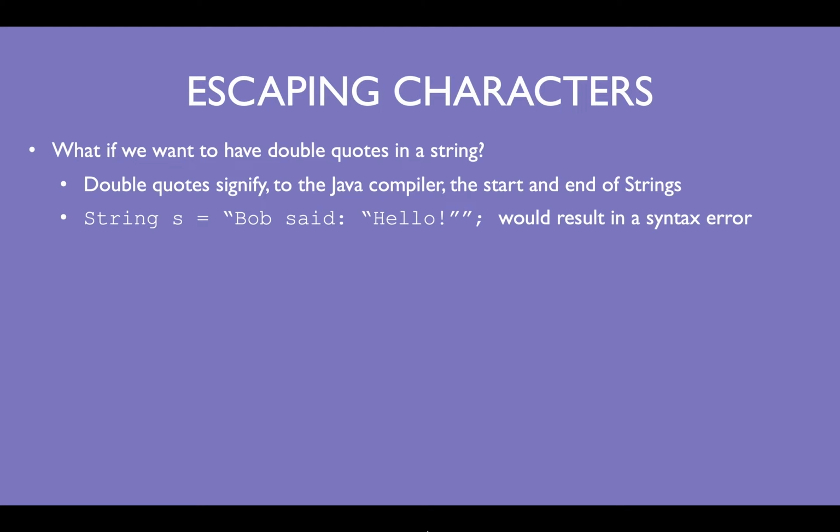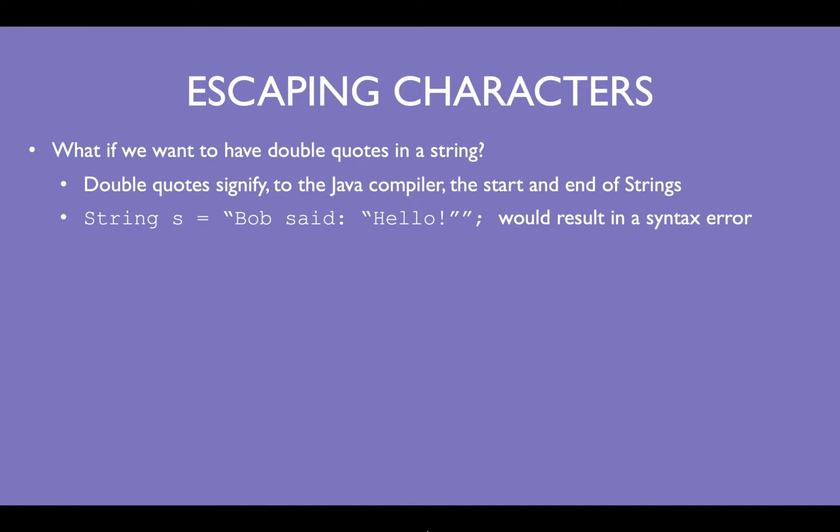So let's say we wanted to have this string here, Bob said hello, with hello in double quotes. This would result in a syntax error. And this is because when the Java compiler goes through this expression, it encounters the first double quotation mark right before the hello, and this tells Java that's the end of the string. Then everything after that would be invalid and result in a syntax error.